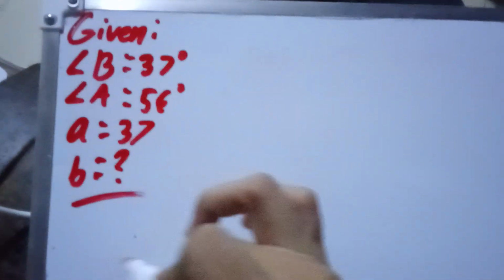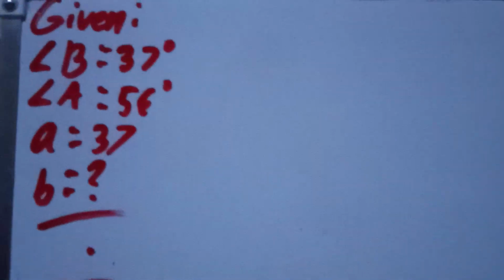Okay, since we're trying to find B, and it's a side, we're just gonna use division for our solving.